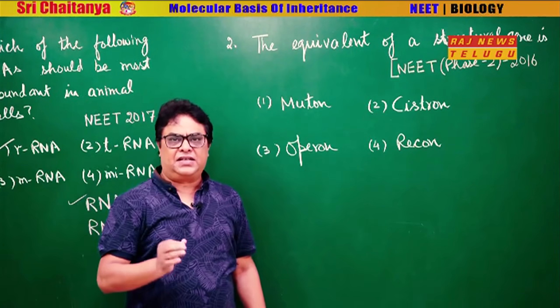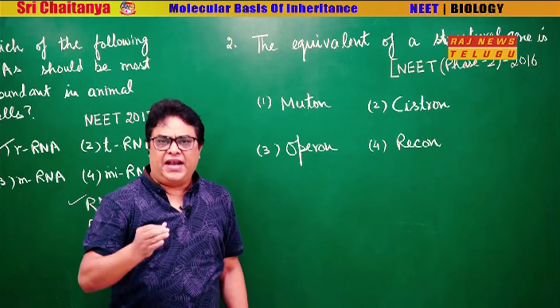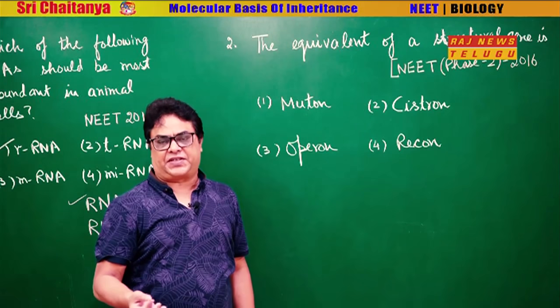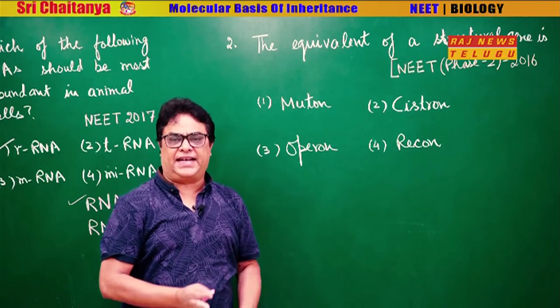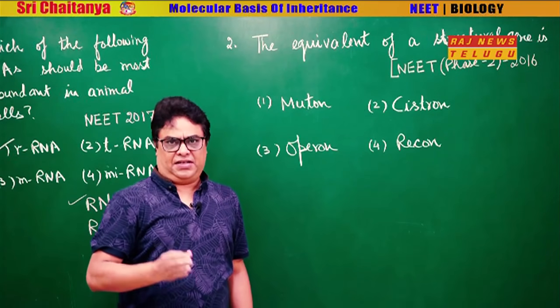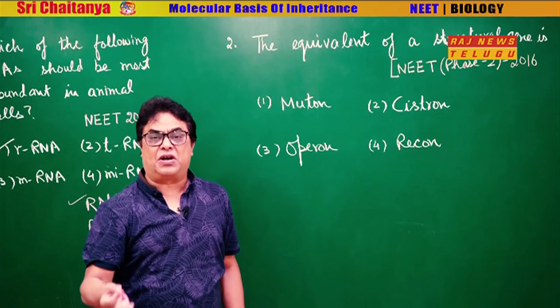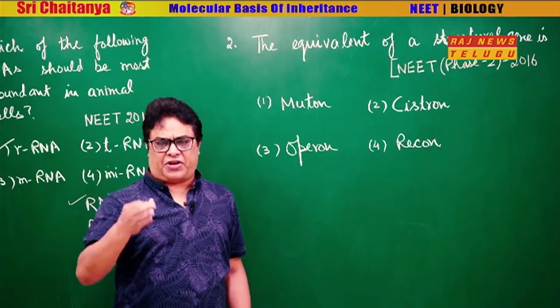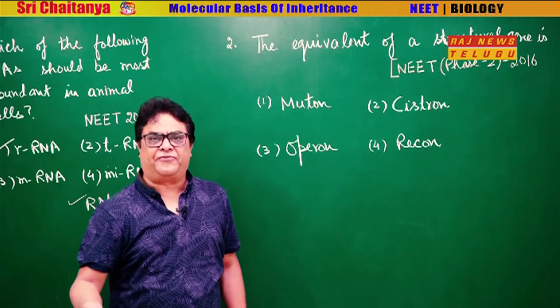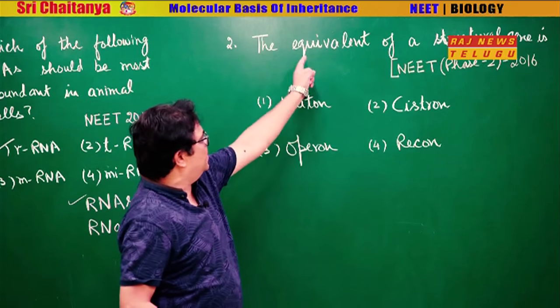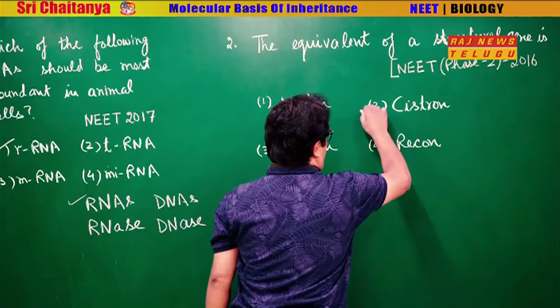Remember we said that a structural gene, if it is coding for a polypeptide, is also called a cistron. In the previous lecture we said that all genes are made up of DNA, but all genes are not cistrons. So those structural genes that code for a polypeptide chain are called cistrons. It means cistron is equivalent to the structural gene.